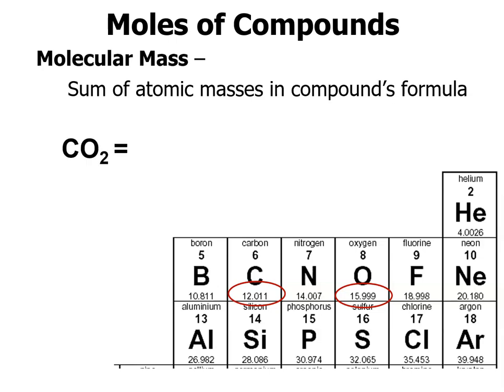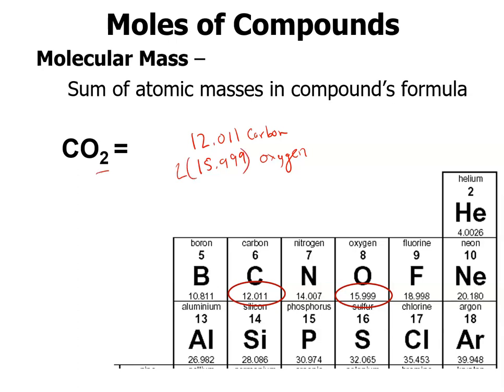So let's look at carbon dioxide. We have carbon, which has an atomic mass of 12.011, and oxygen, 15.999. We're going to take 1 mole of carbon and oxygen, but there are 2 of these, right?